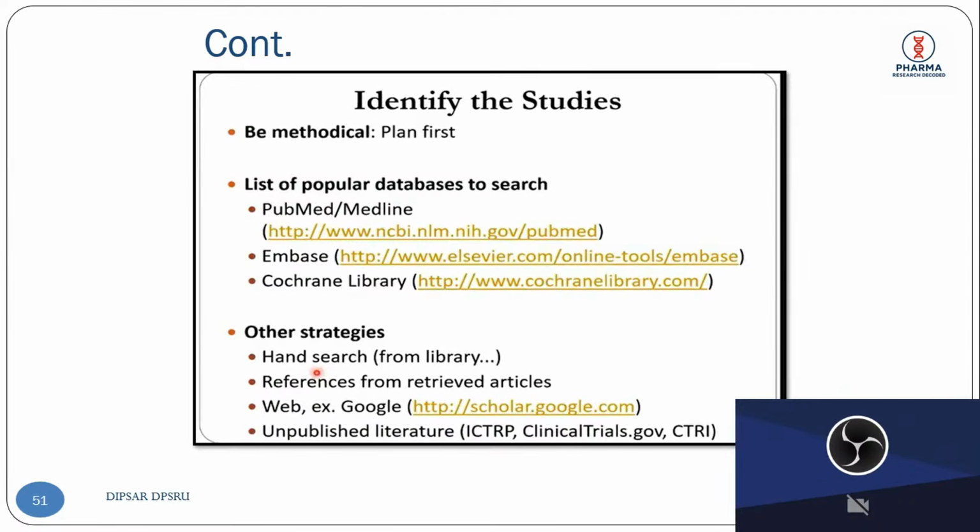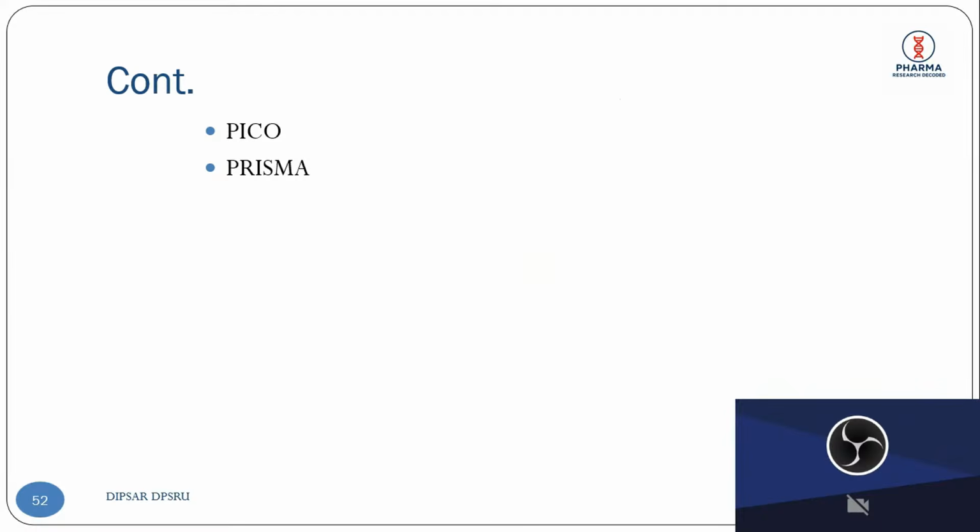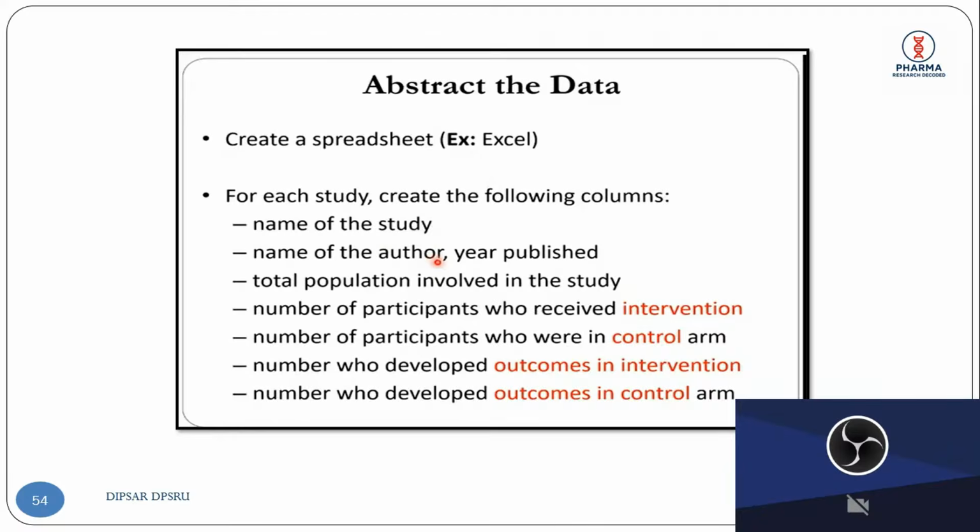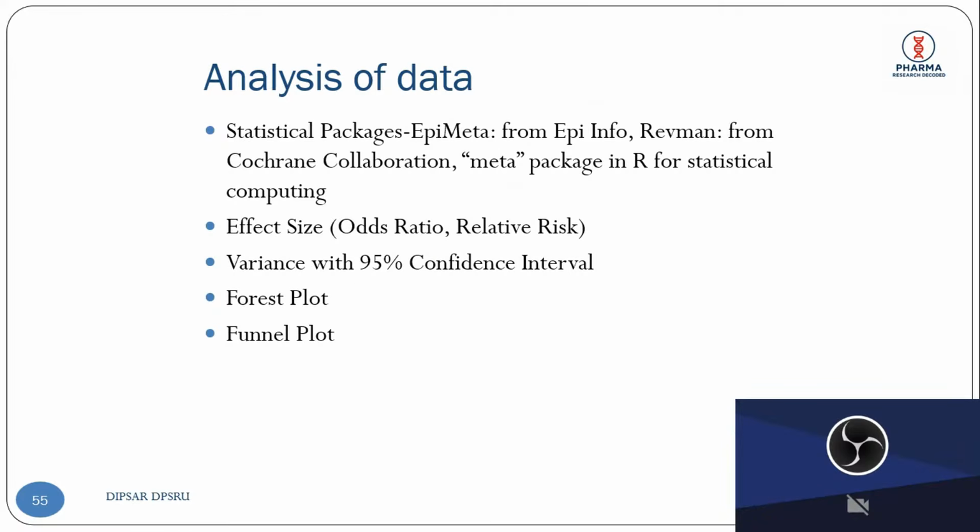So I am skipping these slides because we have already conducted a workshop on SLR, meta, and GRADE analysis. You can see this is the process of SLR, meta, how to analyze the data, and what are the different overall estimate measures we have discussed. With respect to dichotomous data, we talk about odds ratio and relative risk, whereas with continuous data we talk about mean difference and standardized mean difference, right?